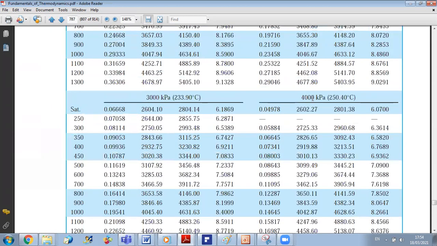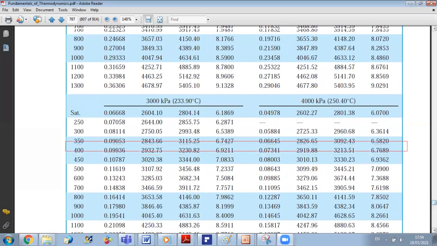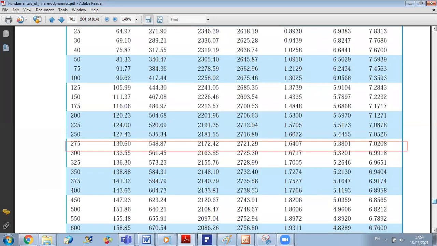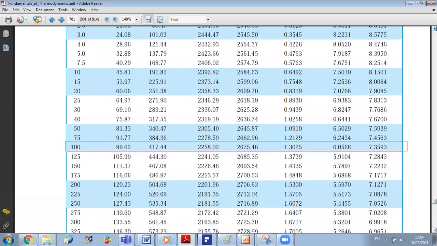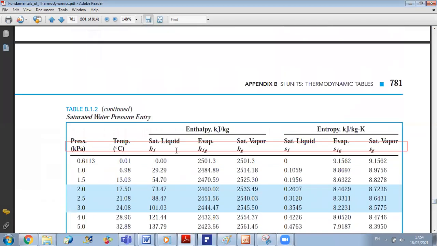I am here. 4,000 kilopascal is 4 megapascal, and I want the temperature to be 400 degrees. So here, this is my condition, and to check H, which column is it in? It is in the... here.